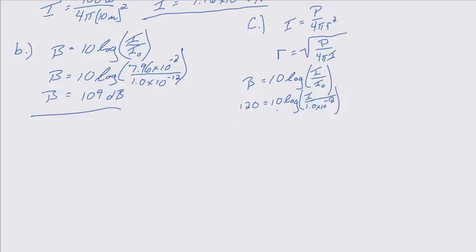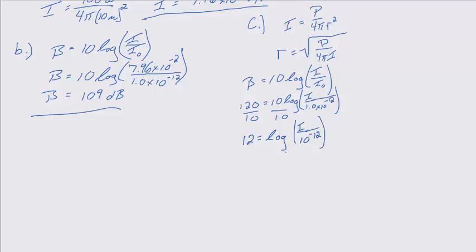So we can start by dividing each side by 10, which will give us that 12 is equal to the log of our intensity divided by our reference intensity, which can be written as 10 to the negative 12th power.